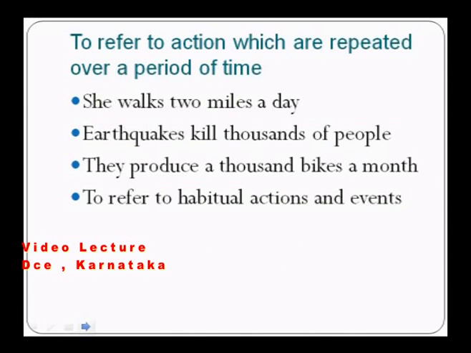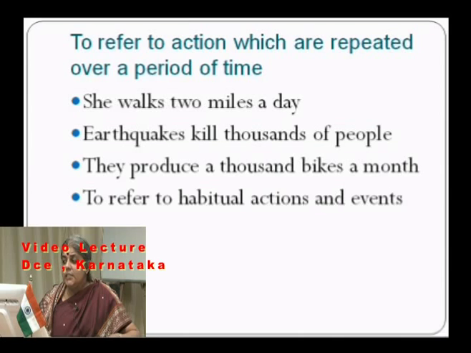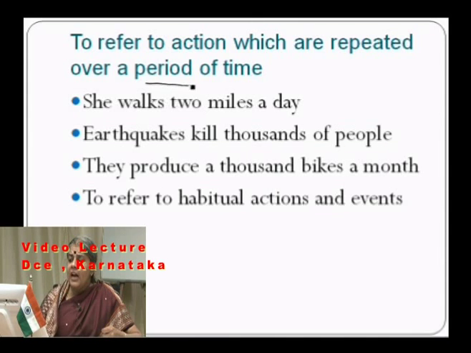Look at the third way we try to use the present simple tense form: to refer to actions which are repeated over a period of time. The same actions are repeated over a period of time. That means what?